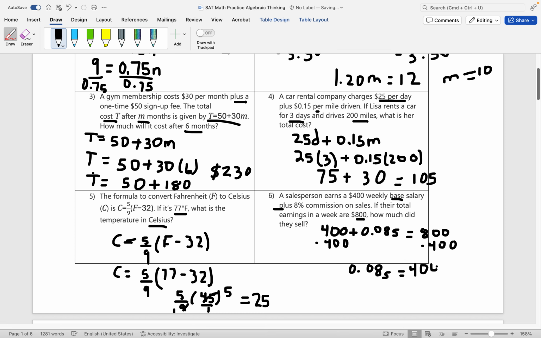Now, last step, we get to divide by 0.08, and when I divide by 0.08, I get 400 divided by 0.08. I get that S, the sales, was $5,000. So this person had $5,000 worth of sales. 8% of that was his commission plus the 400. So the answer is $5,000.